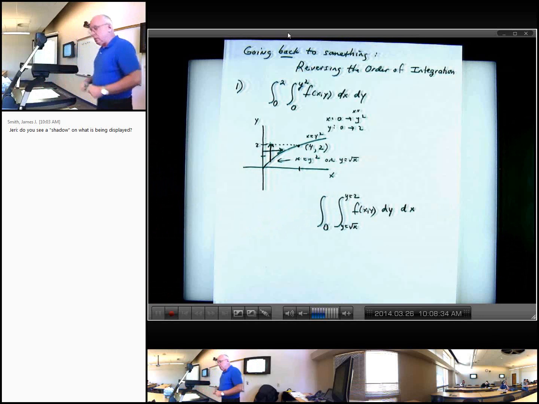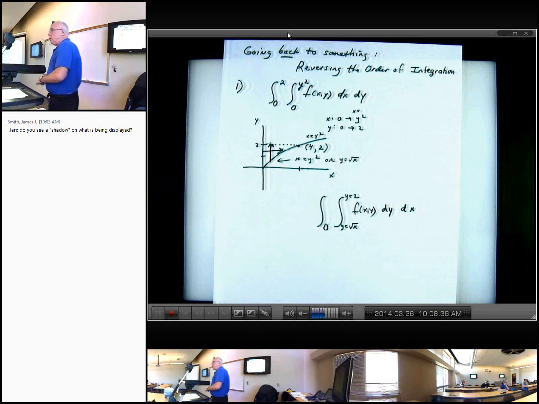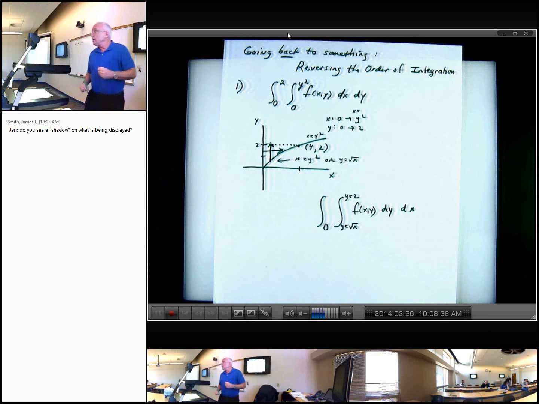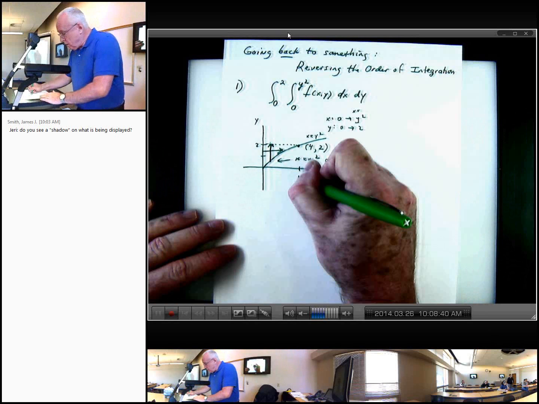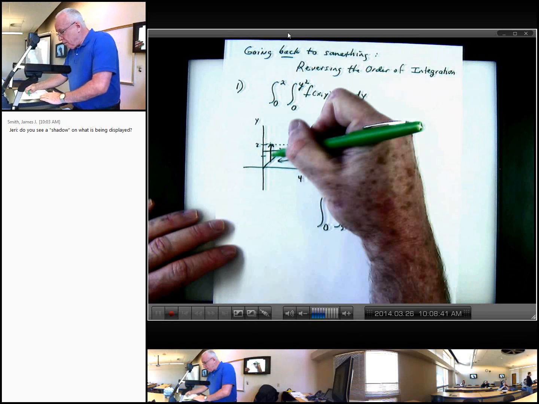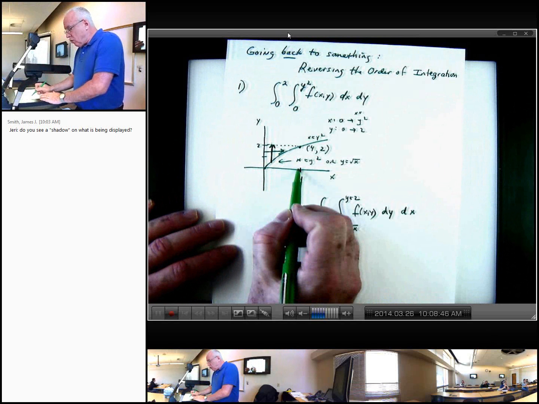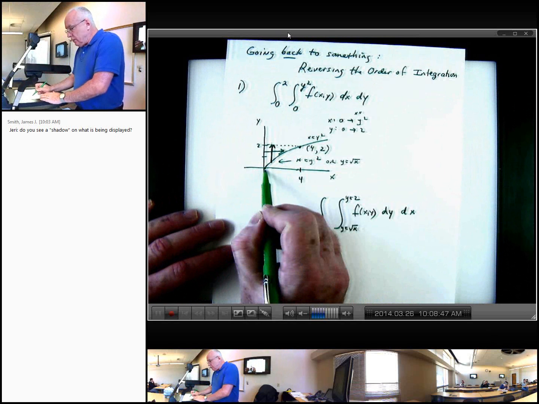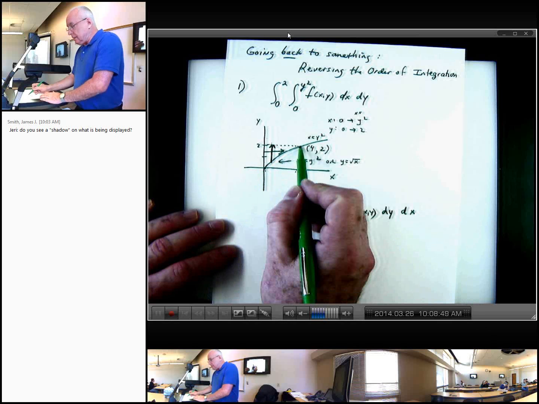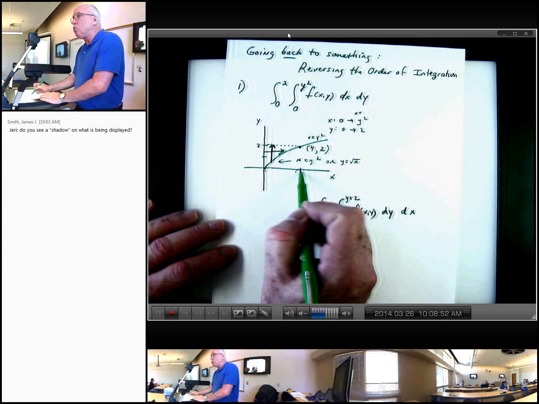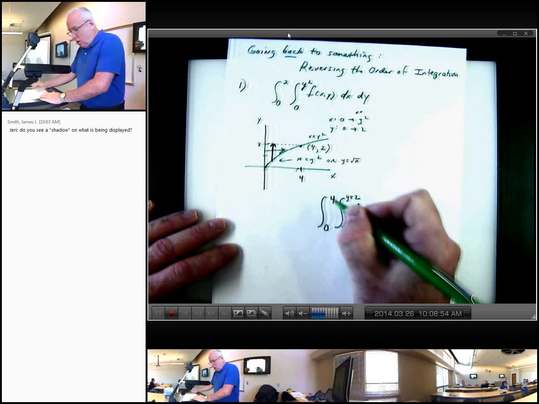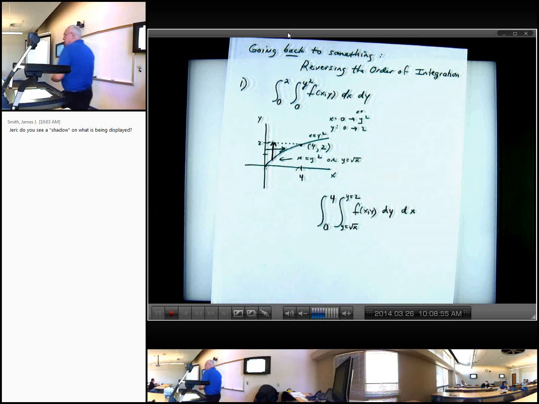What's our upper limit for x? 4. x equals 4. We integrate with respect to y this way, but then we have to cover all of our x's, from 0 to 4, and remember this point here has an x-coordinate of 4. So this is what our integral would look like with the order reversed.